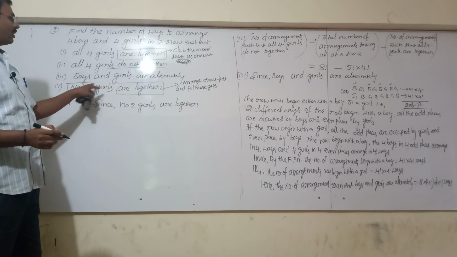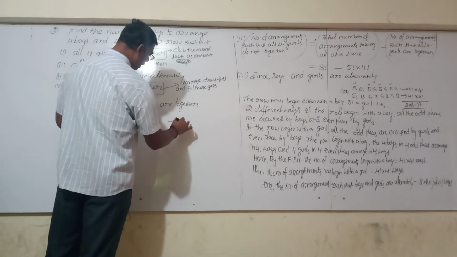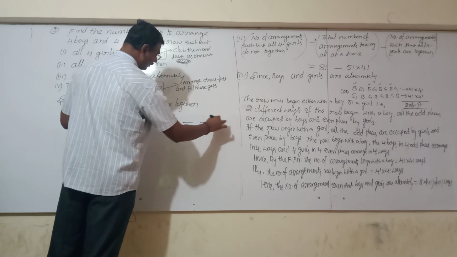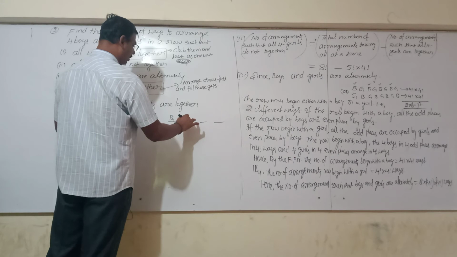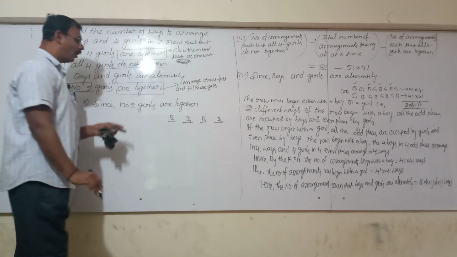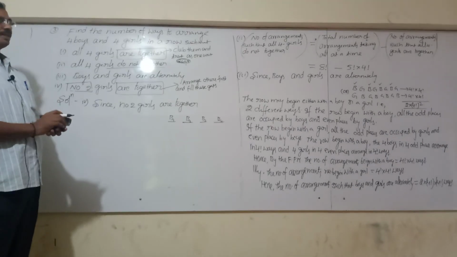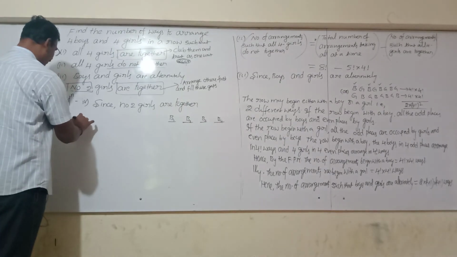Firstly, what to do? Firstly, arrange others. How many boys are there? 4 boys. So arrange 4 boys like this: boy 1, boy 2, boy 3, boy 4. How many ways could I arrange these 4 boys taking all at a time? 4 factorial ways.